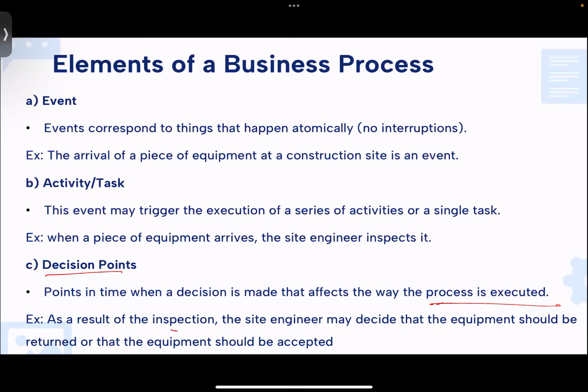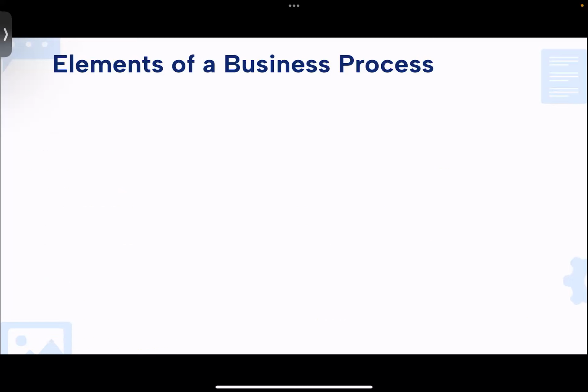As a result of the inspection, the site engineer may decide that the equipment should be returned or accepted. That is a decision point. So these are the elements of a business process.